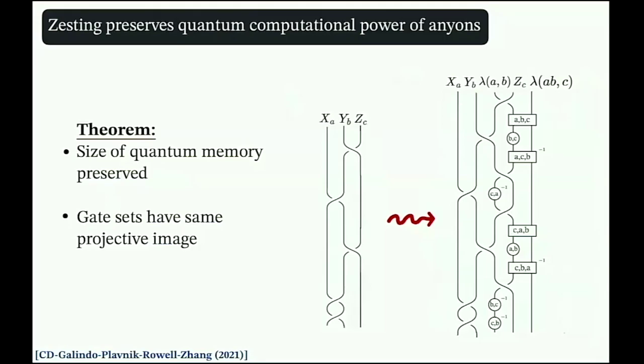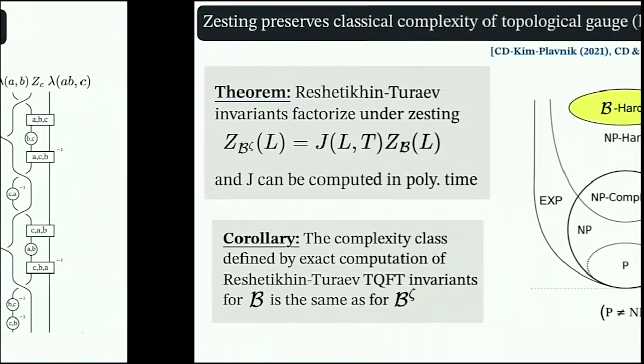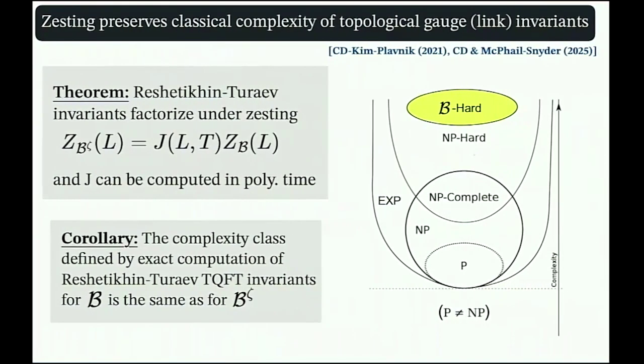All right. Lastly, I want to mention some more recent follow-up work to that observation, where using the same formalism, we were able to show with Sung Kim and Julia Plavnik that the link invariants that you get, certain topological gauge invariants for your theory, factorize under this construction.